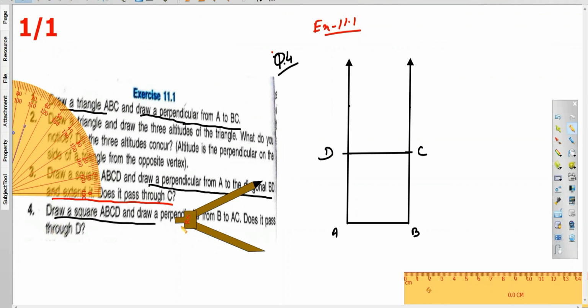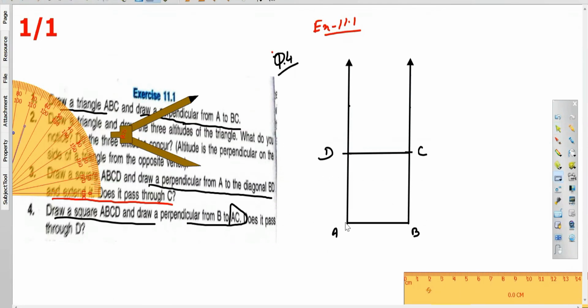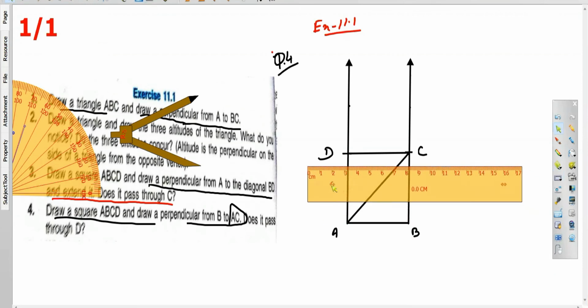Now after drawing a square, draw a perpendicular from B to AC. So we first need to join the diagonal AC. We have joined the diagonal AC, okay? Now from B we have to make a perpendicular on this AC. We'll repeat the process.